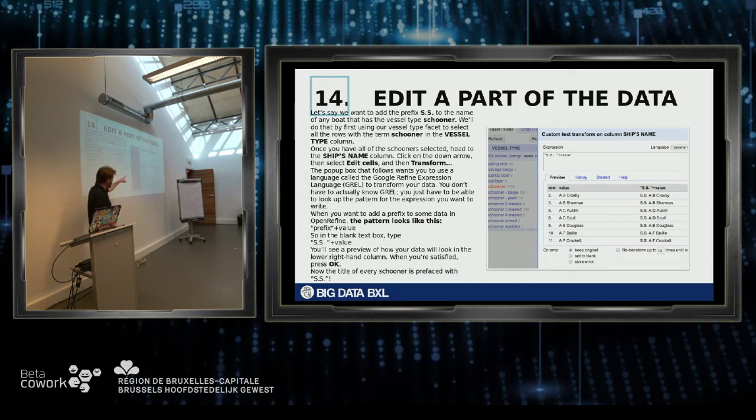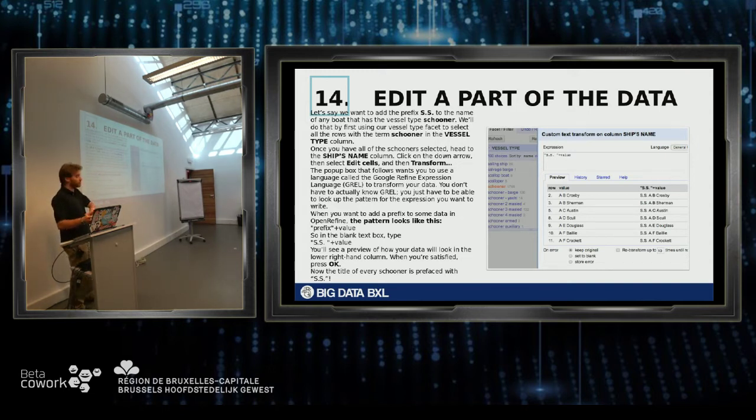And I want to add this common abbreviation SS in front of the name of the ship, but only in case that the ship has a certain type here, schooner. So I can do that very easily as well.